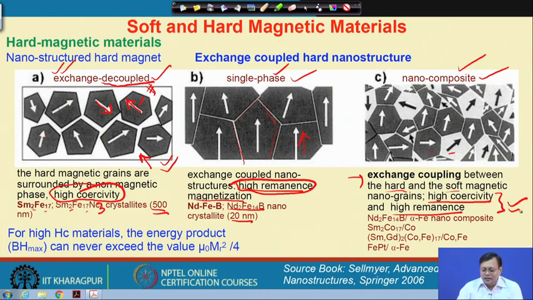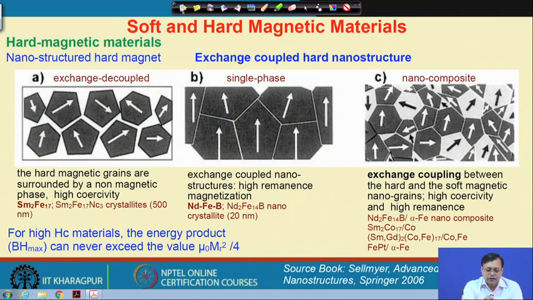So, this is important, and let us say in case of neodymium iron boron we have some alpha iron grains. So, that has two different magnetic domains, hard and soft, and we can achieve that. In case of samarium cobalt, a cobalt phase is present.